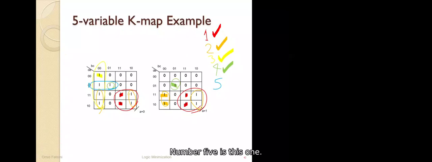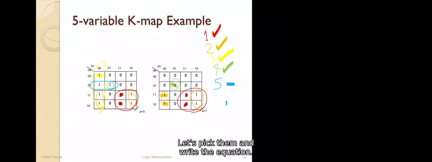Number 5. Number 5 is this one. So it seems that it is not essential because this cell has already been covered. This cell is covered by the green one. So number 5 is not essential. So we have 4 essentials.